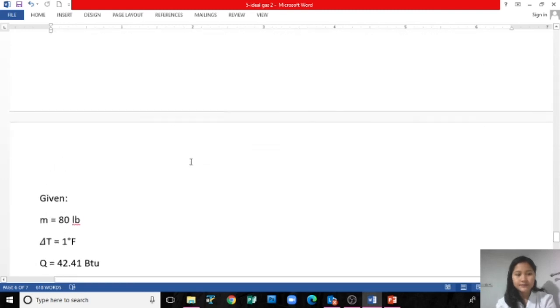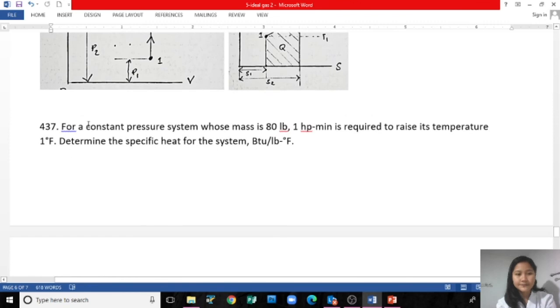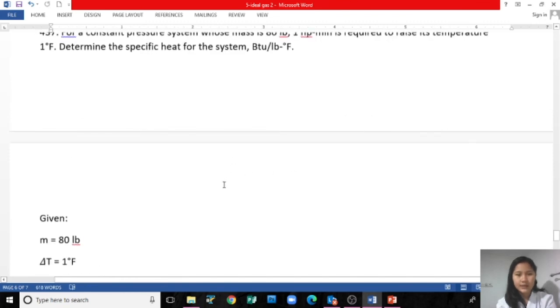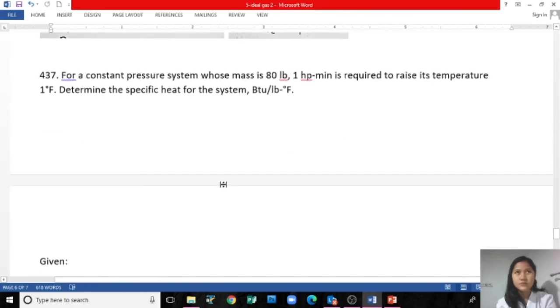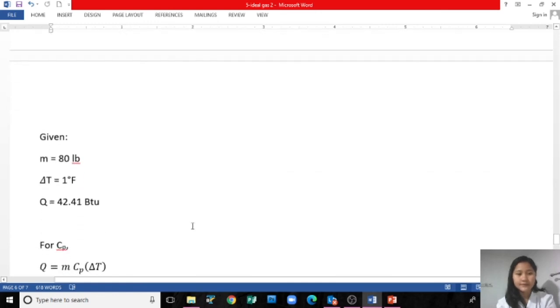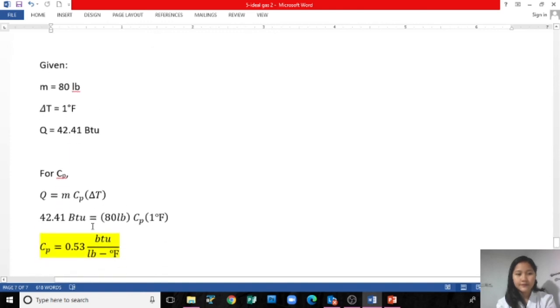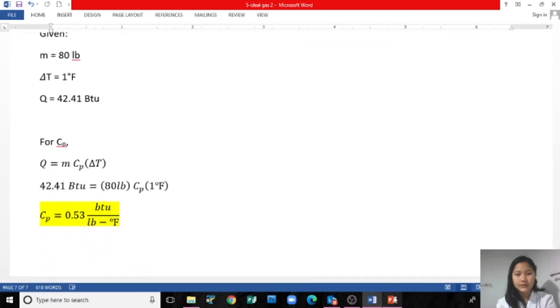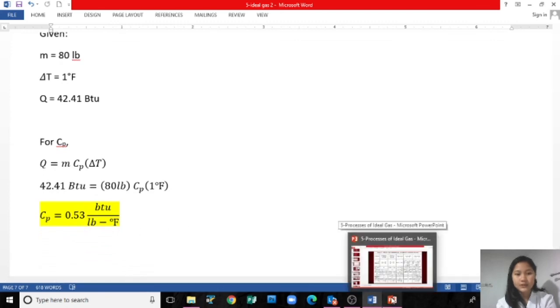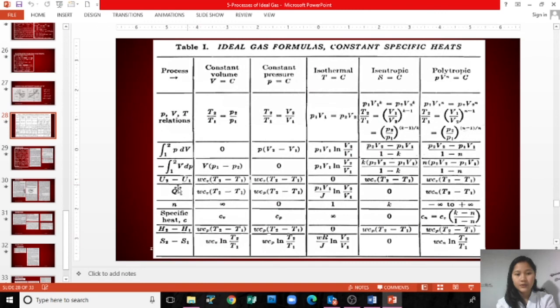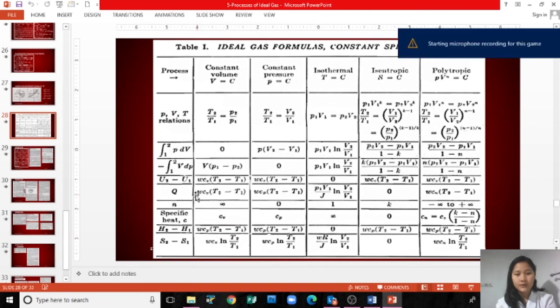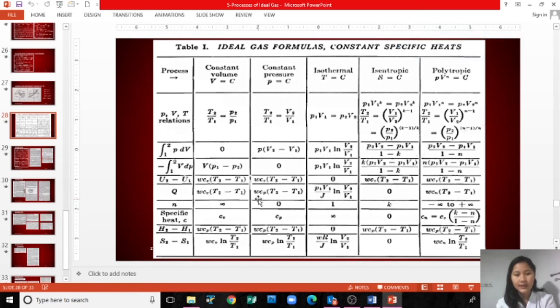So this problem is an isobaric one. In order to solve for the Cp, we're going to use the formula for Q, which is equal to the mass times the specific heat and delta T.